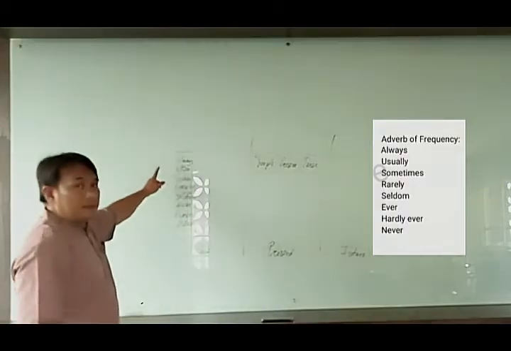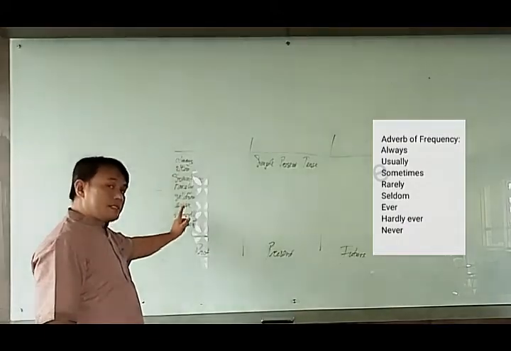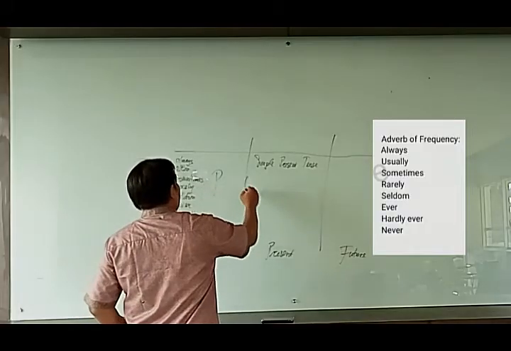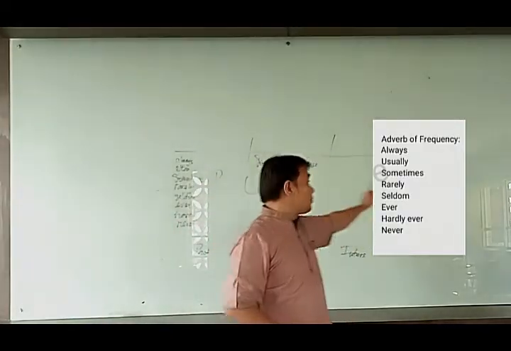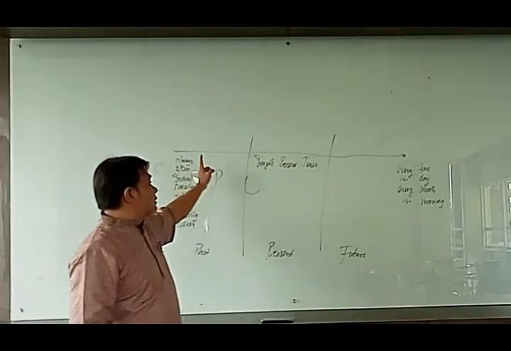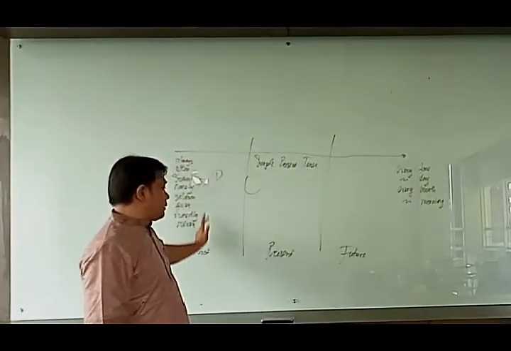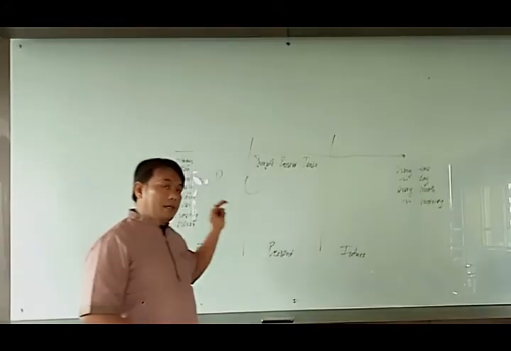This one subject, adverb of frequency, and then usually we have predicate, and then object, and then this one is the adverb of time in the simple present tense. Always means in bahasa Indonesia selalu, the time at the past, the time at the present, and the time at the future happen.